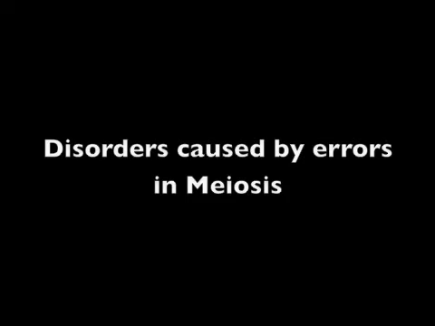Now I will discuss disorders caused by errors in meiosis. Two will be discussed in this video: Klinefelter syndrome and Down syndrome. A person with Klinefelter syndrome has an extra X chromosome. This is caused by nondisjunction, the failure of two homologous chromosomes to move to separate cells during meiosis I, or the failure of two chromatids to pass to separate cells during meiosis II.